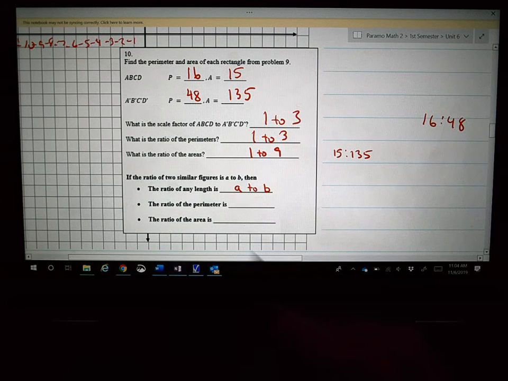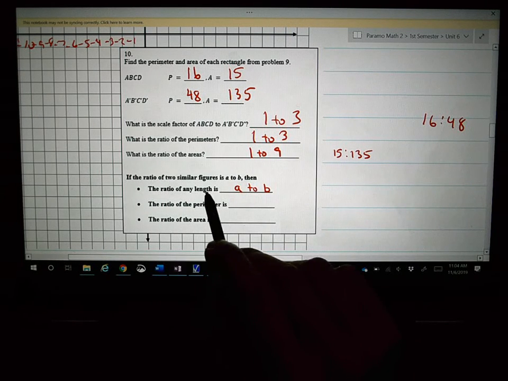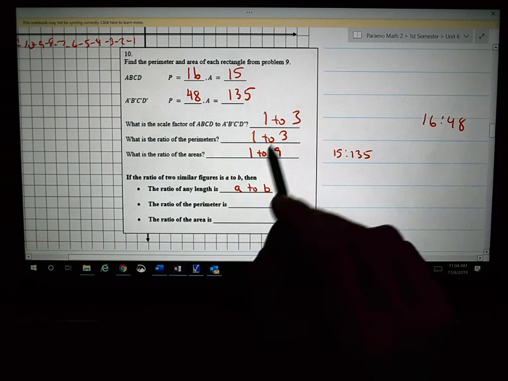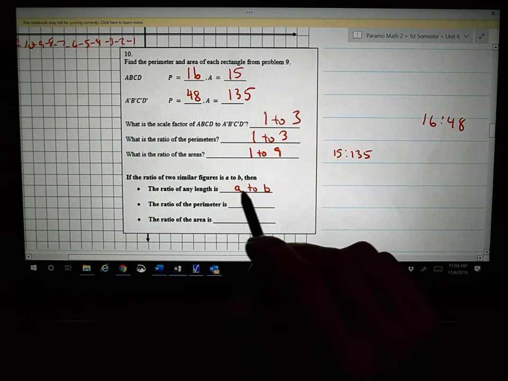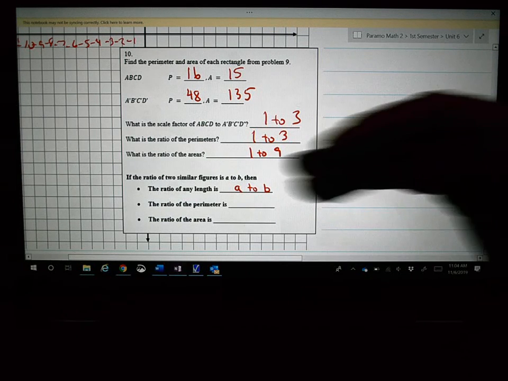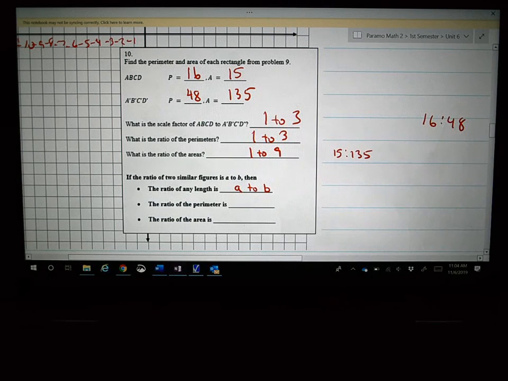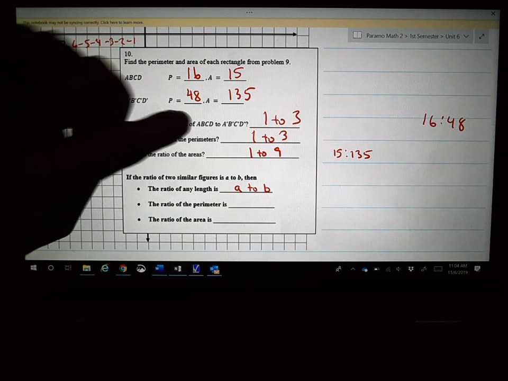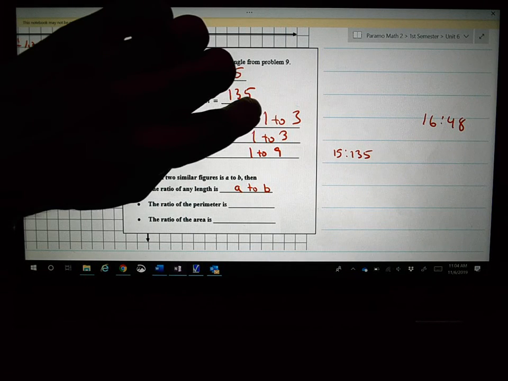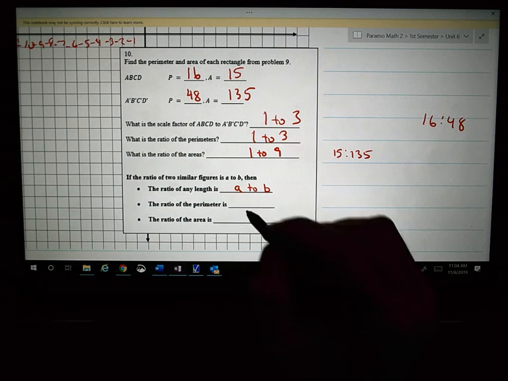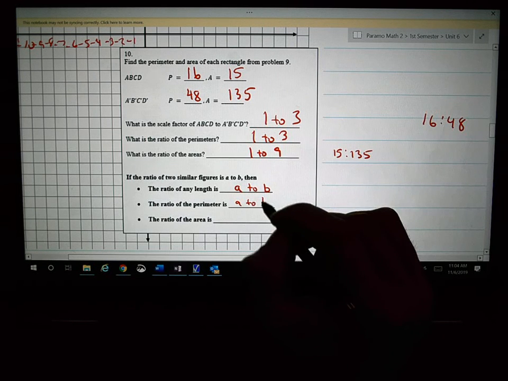The ratio of any length. If they replace that with an A and that with a B, notice it will be the exact same as what the ratio of any length would be, A to B. What about the perimeter? How is the perimeter related to the scale factor? It's A to B. It's the same.